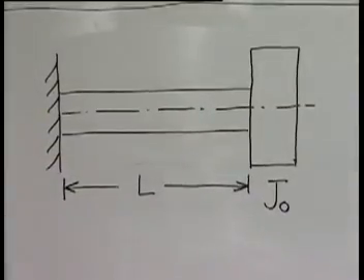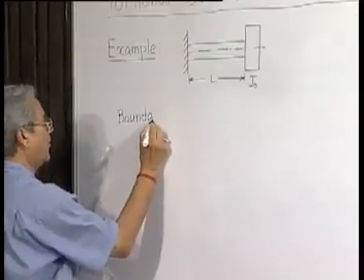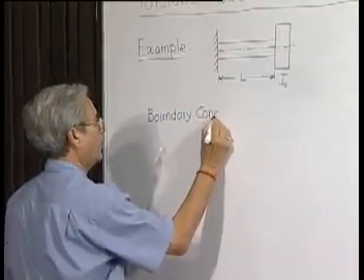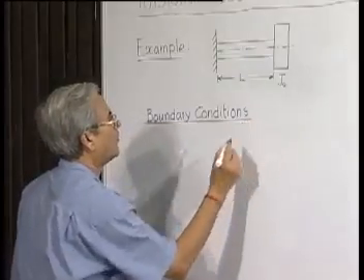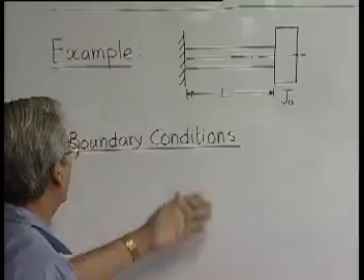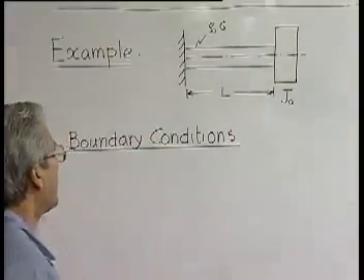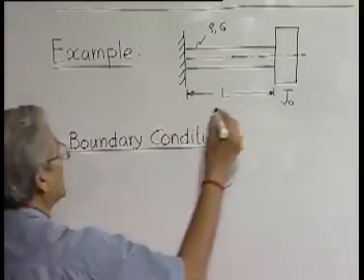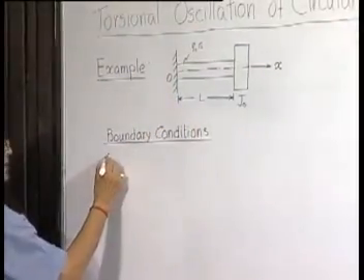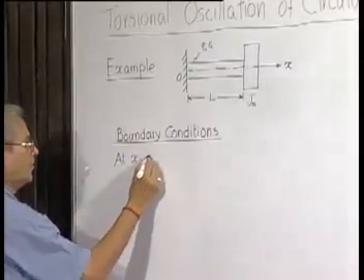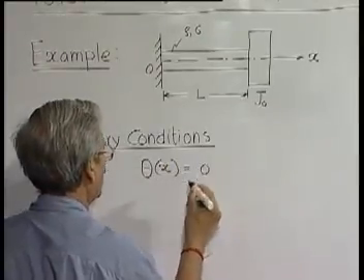so now here the boundary conditions will be what? You have to find out the natural frequency of this, and of course here the material density is rho, here modulus is G. The boundary conditions we find that if we consider this to be the x-axis and that as origin, then at x is equal to 0, theta x is equal to 0, because it is a fixed end.